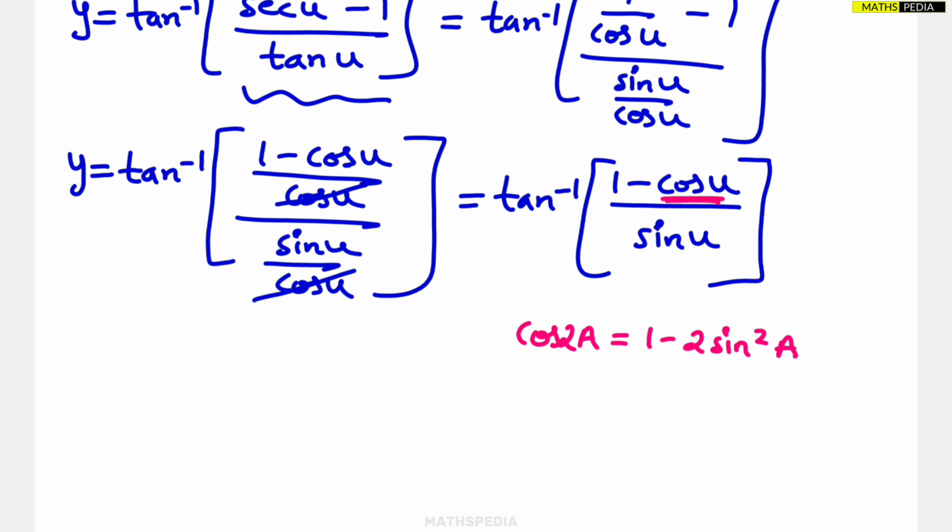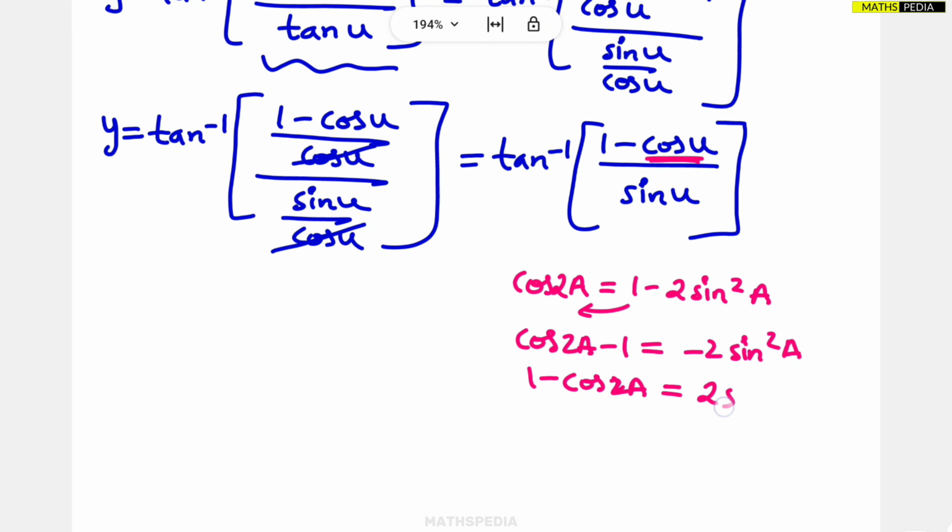This formula can be further simplified. 1 you will bring here, so it will become 1 minus 1. So cos 2a minus 1 is equal to minus 2 sine square a. And if you take minus common, it will be 1 minus cos 2a is equal to 2 sine square a.